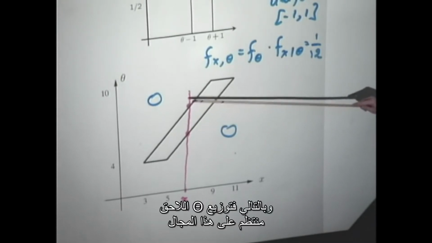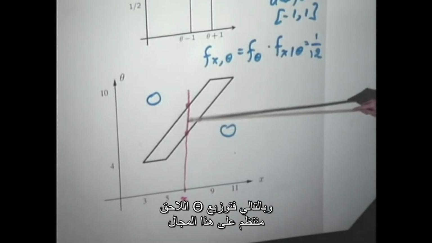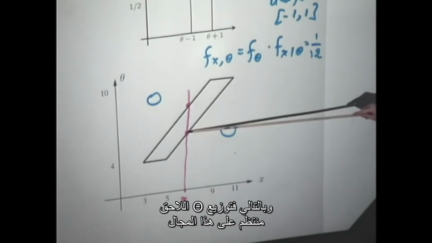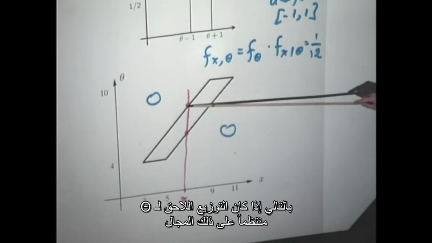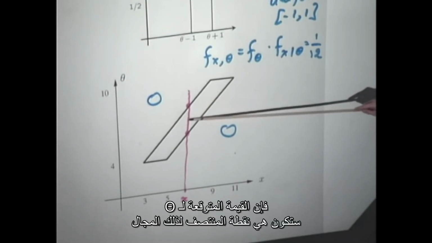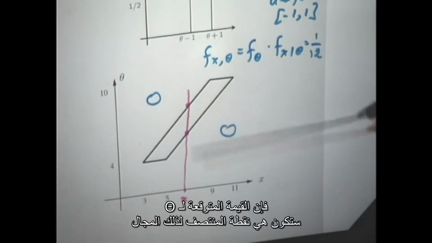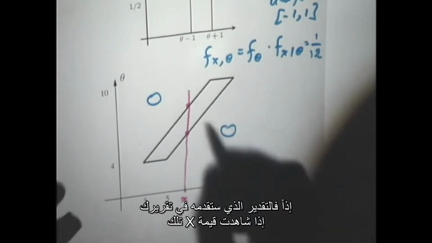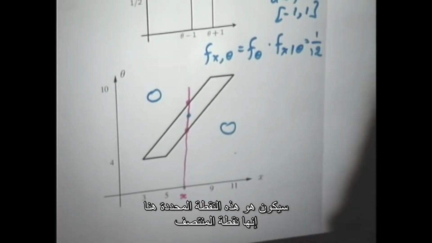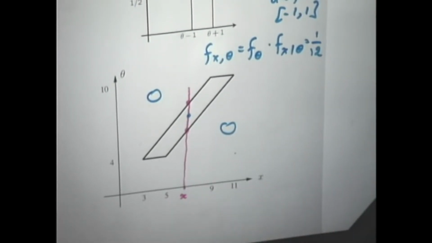So the posterior distribution of theta is uniform over this interval. So if the posterior of theta is uniform over that interval, the expected value of theta is going to be the midpoint of that interval. So the estimate which you report, if you observe that x, is going to be this particular point here. It's the midpoint.